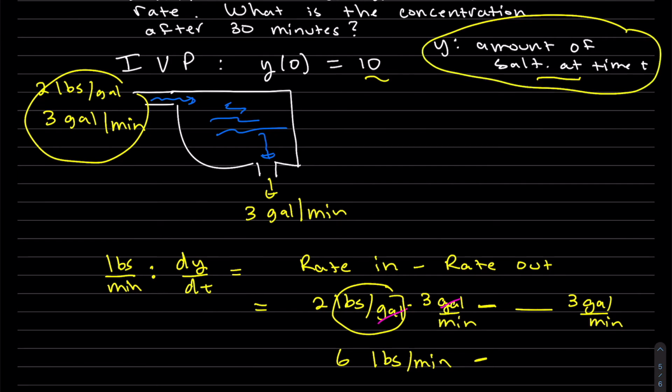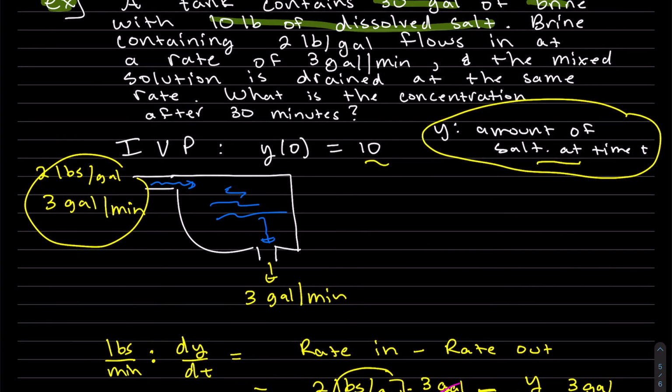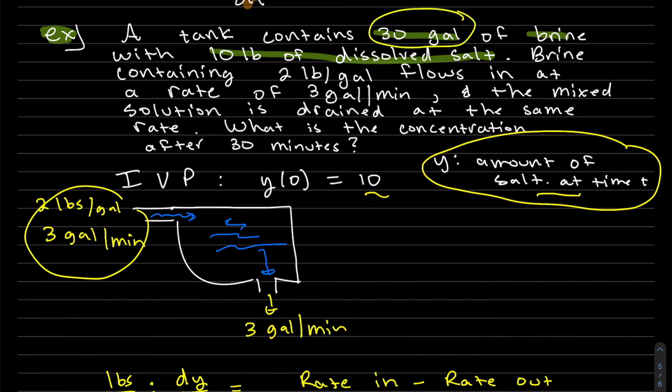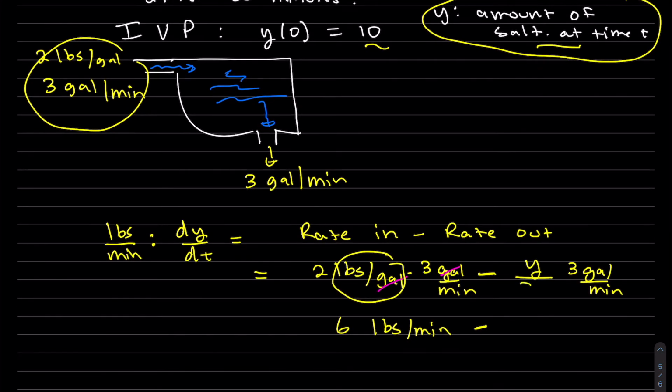How many pounds of salt per gallon? How many gallons are in there? 30 gallons right there. So it looks like we have our DE. This just reduces to y over 10.